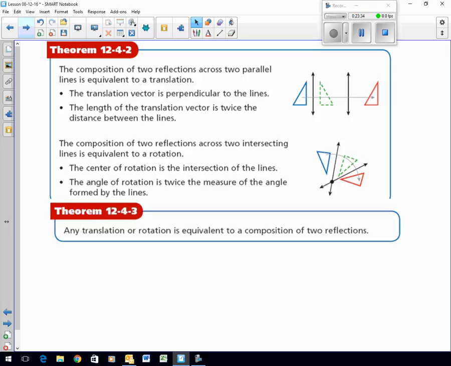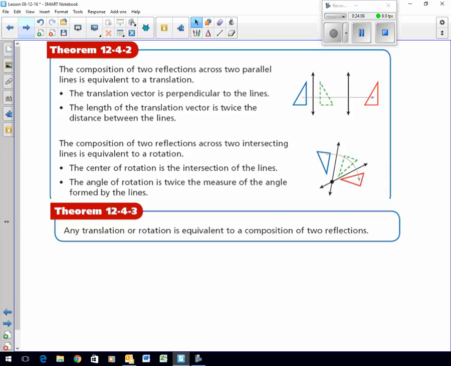The first time, and then the second time. Over 2 parallel lines would have been the same as simply translating this triangle all the way over. Funny way of thinking about that. Okay? It says the length of the translation vector is twice the distance between the lines. That means that this particular line is twice the distance between these 2 lines.